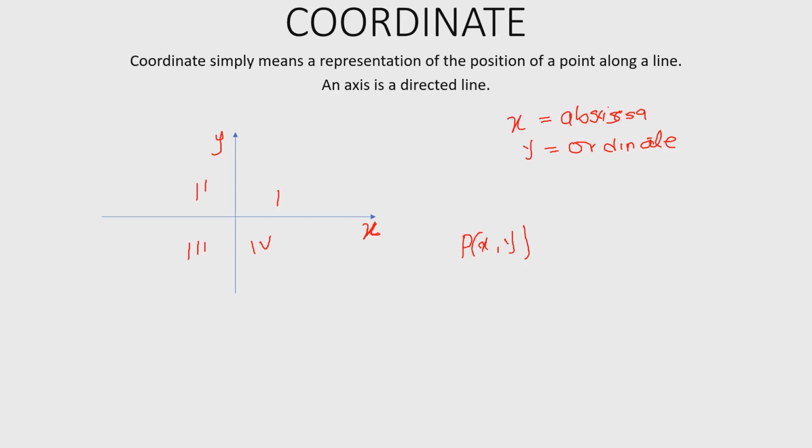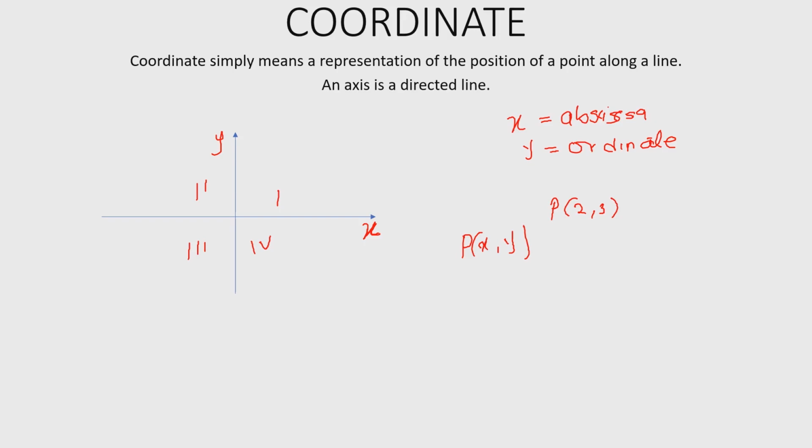Please always note that in order to represent a point on an axis, the arrangement is always x before y. For example, if I say P is (2, 3), what I'm trying to say is that the position of P is (2, 3).